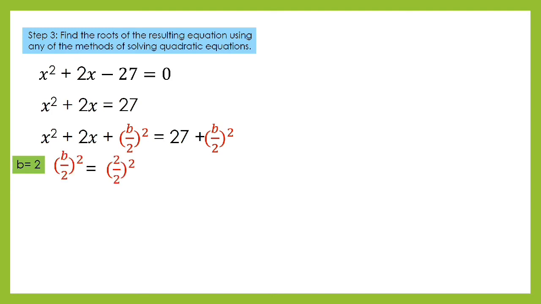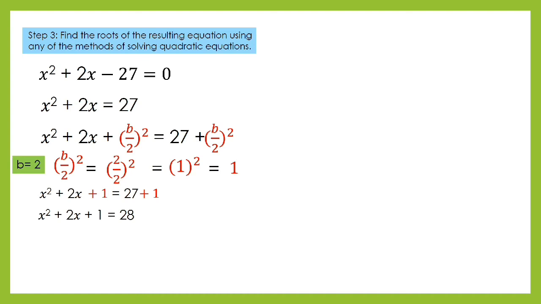We now have (2/2) squared. Simplify, 2 over 2 is 1 and then square natin. Square of 1 is 1. Therefore, 1 ang i-add natin sa both sides of the equation. And then, we now have x squared plus 2x plus 1. 27 plus 1 is 28.